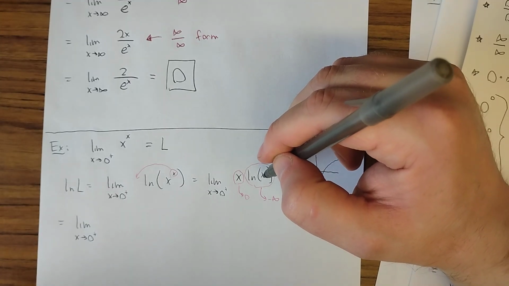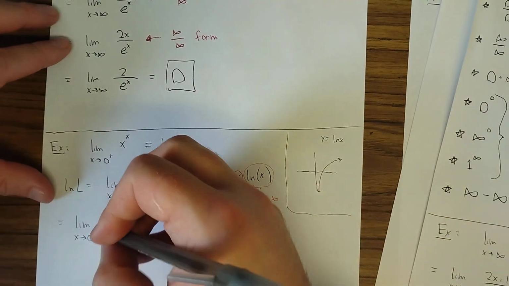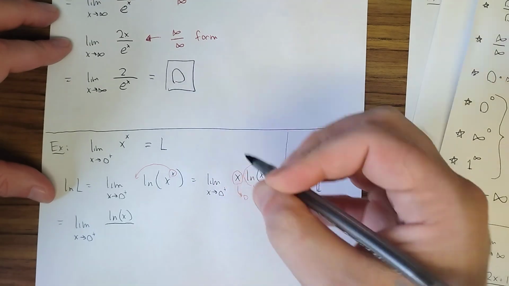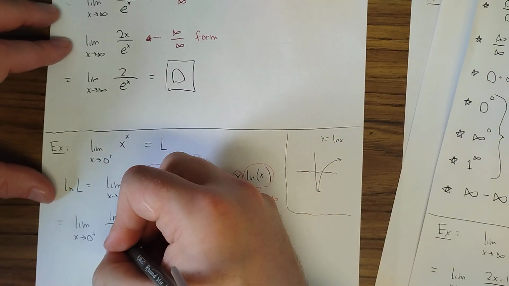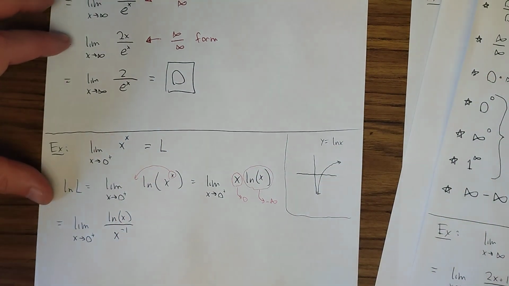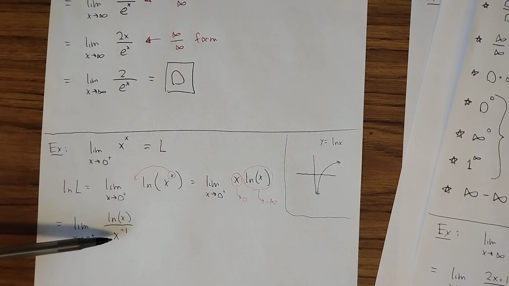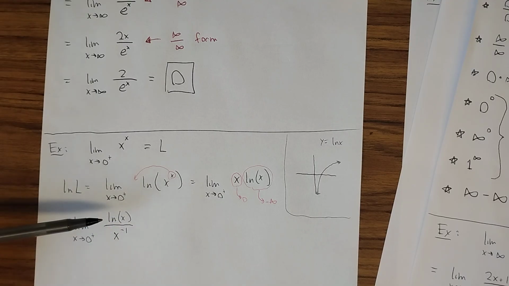That sounds like it might be overly complicated. Let me leave ln x on top, and then the reciprocal of x would be x to the minus 1. I like leaving the ln x here because the derivative of ln x is simpler.